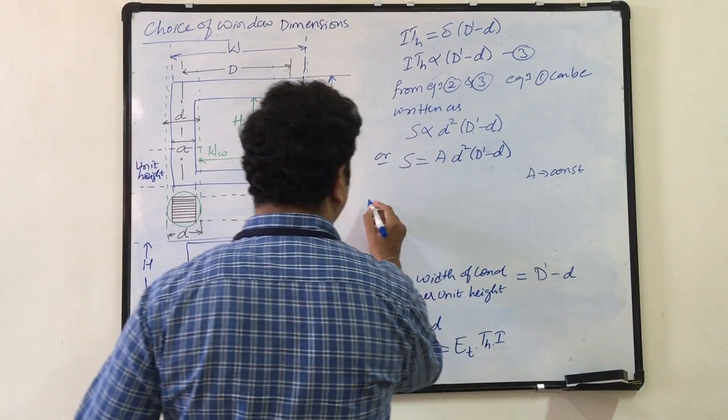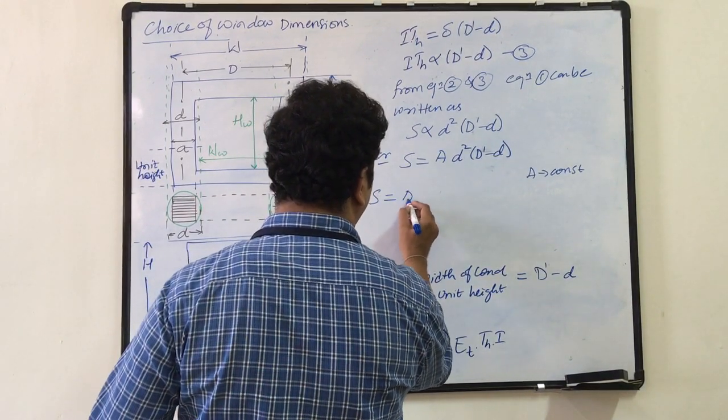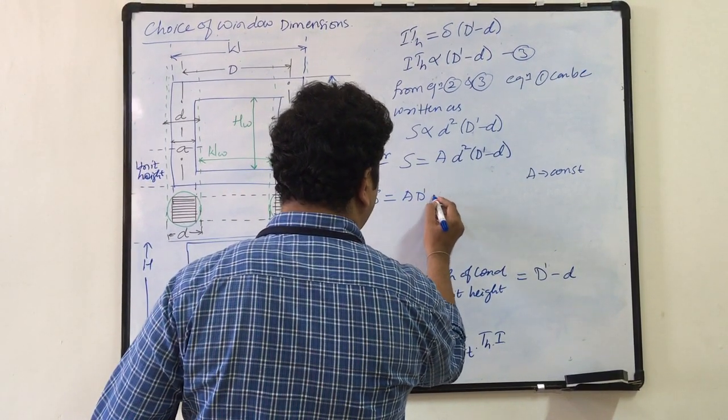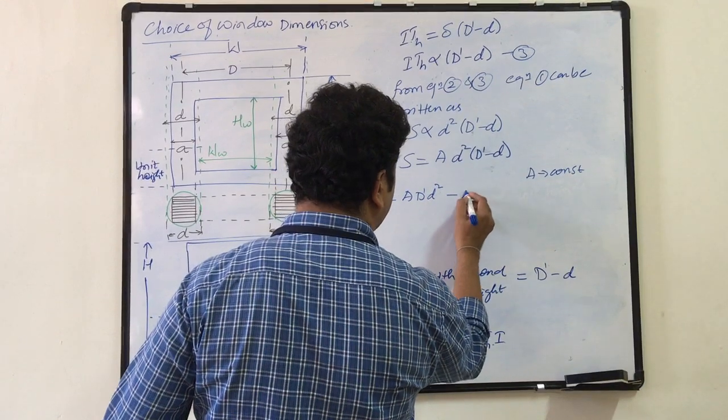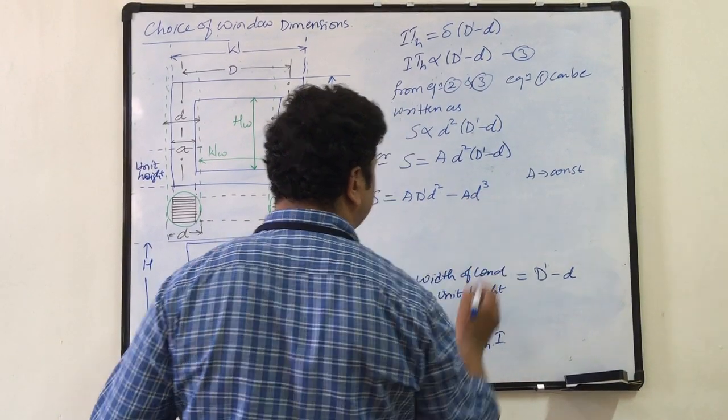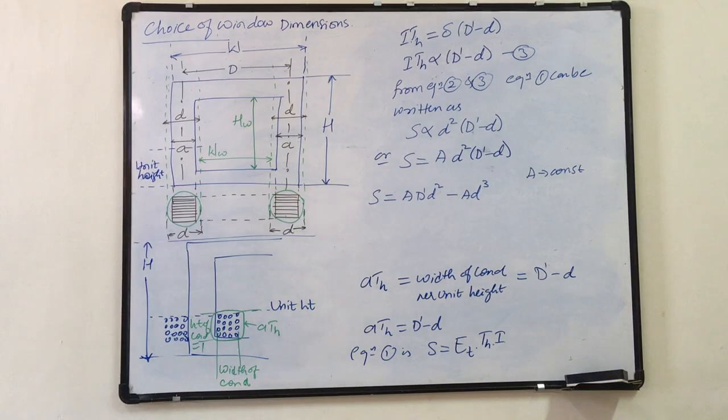Therefore S is equal to A D dash D square minus A D cube.